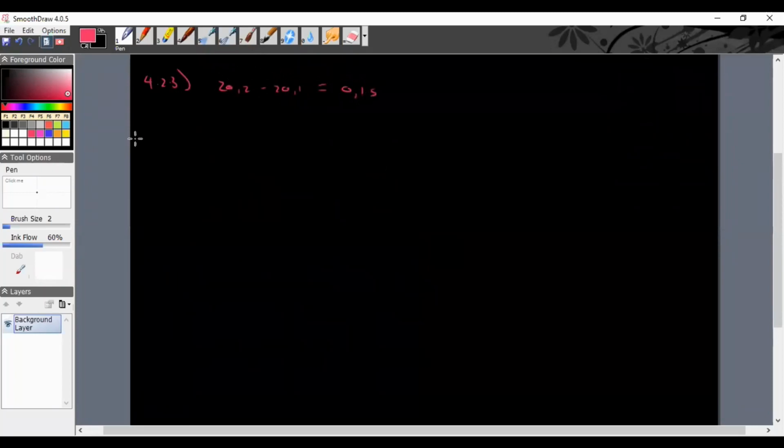In our formula F net times delta t equals the change in momentum, we're saying that the impulse is equal to the change in momentum. I am concerned with F net. I need to find it.